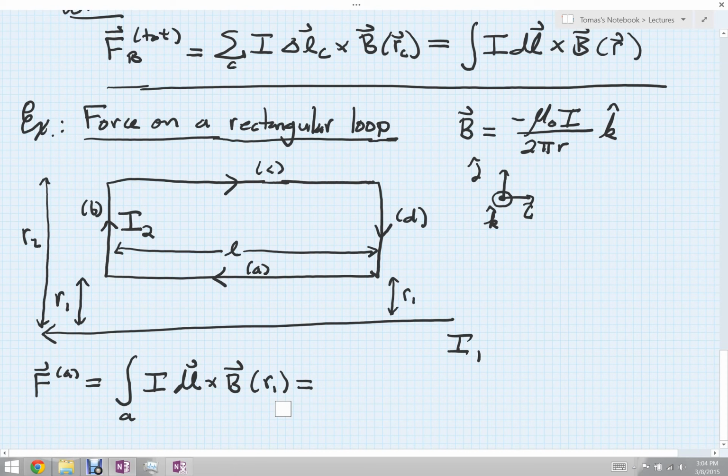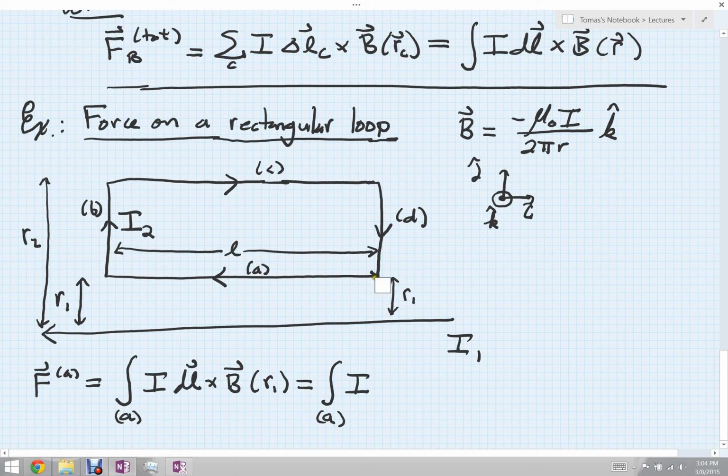So what do I have? I have the integral then, right, over side A. And as I integrate over side A, I have my factor of the current I. And we should be very careful now about our various currents. This formula, the current I here, refers to the current flowing through the particular chunk that you are considering.